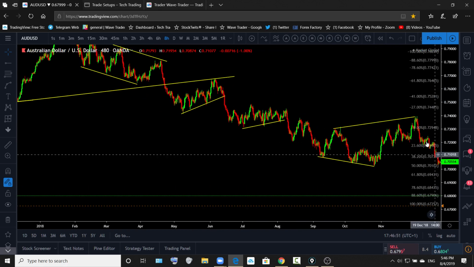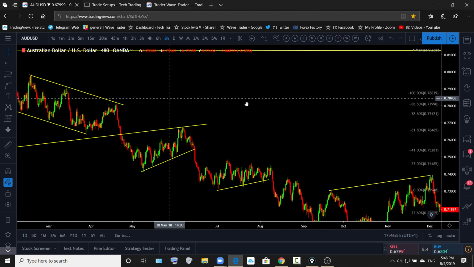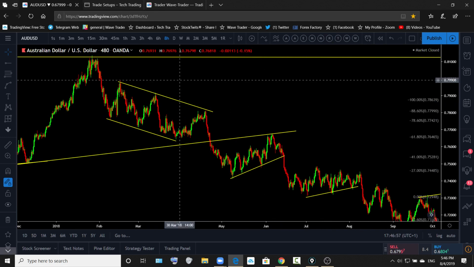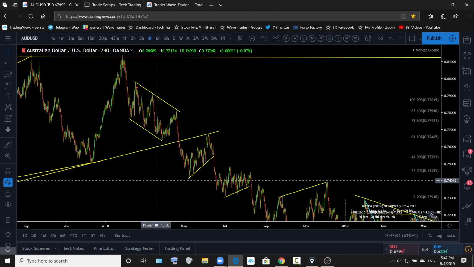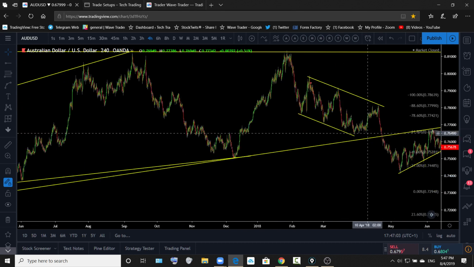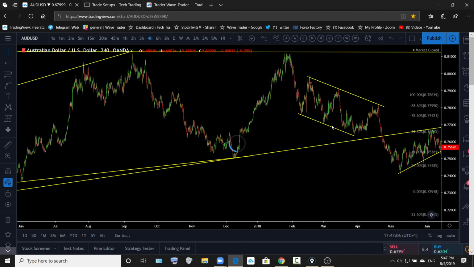Let me find a chart if I have any on this pair. Maybe not on the 8 hour or 4 hour time frame, but we're going to have some charts on it. There you got the sell.